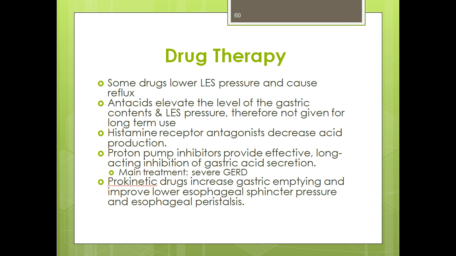Proton pump inhibitors would be the Aciphex and the Protonix and the Nexiums, and these are usually effective for long acting inhibition of gastric acid secretion. So that's when the person has really severe GERD. They would use things like the Protonix and the Nexium and the Aciphex.